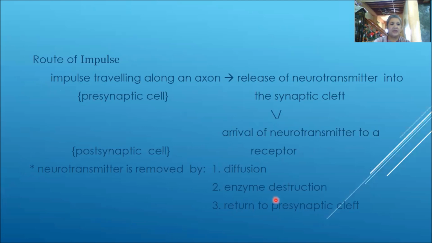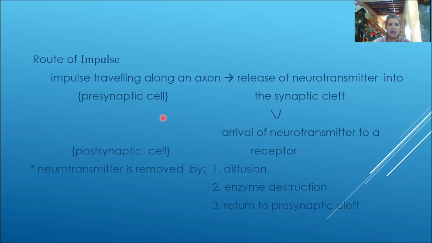So how does it travel? You have an impulse traveling along an axon, which is your presynaptic cell. This will be followed by the release of neurotransmitter into the synaptic cleft, the gap between the presynaptic and the postsynaptic cell. Now, with the arrival of the neurotransmitter at a receptor, there will now be a generation of an action potential.